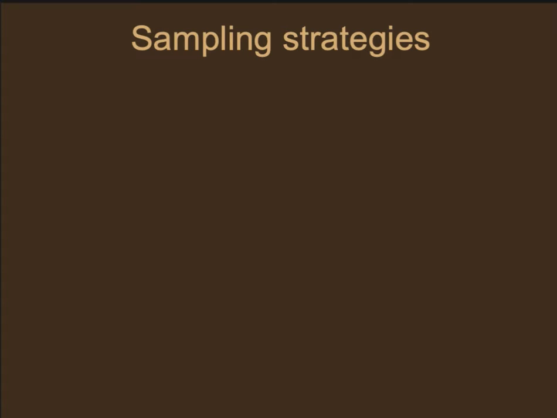Each strategy, as we're going to see, has its own advantages and disadvantages. So I'm going to compare each of these strategies to that example of voting polls, so you can see the parallels.